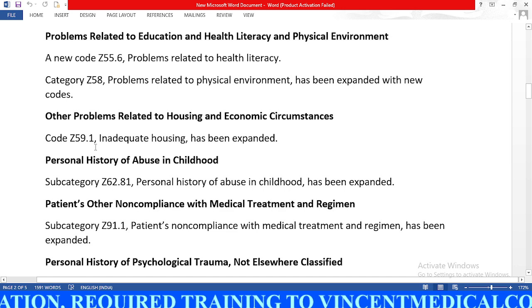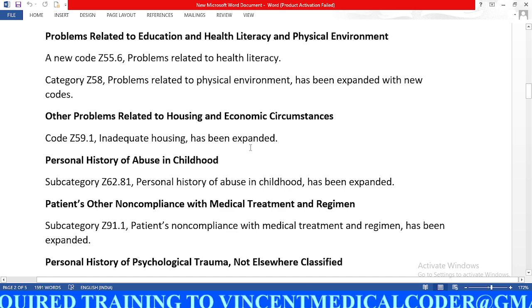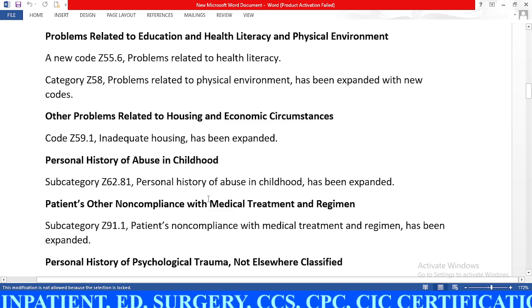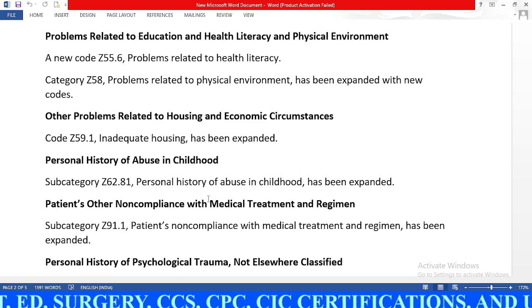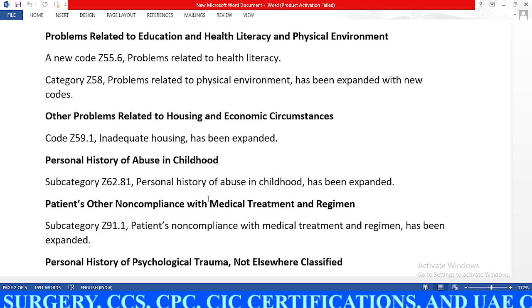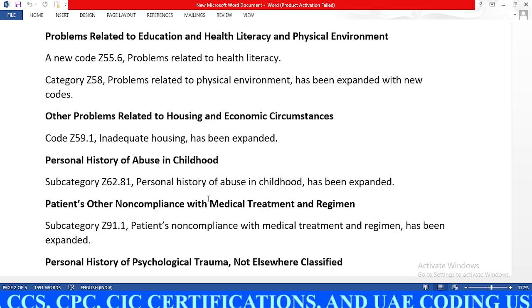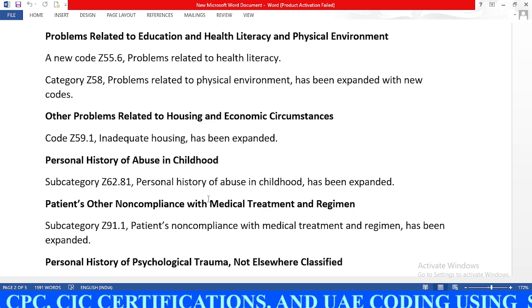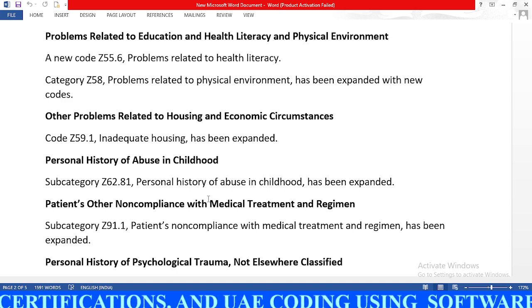Code Z59.1, inadequate housing, has been expanded. We will use Z59.10 for inadequate housing unspecified, Z59.11 for inadequate housing environmental temperature, Z59.12 for inadequate housing utilities, and Z59.19 for other inadequate housing.